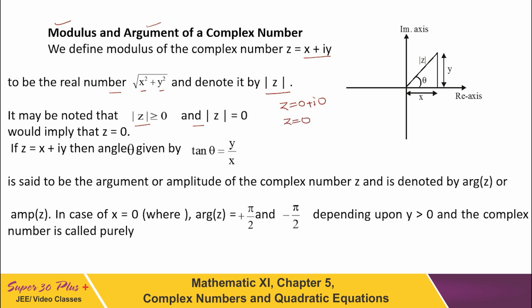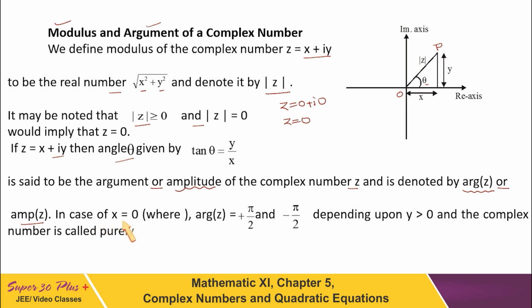In this figure, the mod of the complex number is represented by the line OP. If z is equal to x plus iota y, then this angle theta is given by tan theta equal to y upon x, and is said to be the argument or amplitude of the complex number z and is denoted by arg z, means argument of z or amplitude of z.